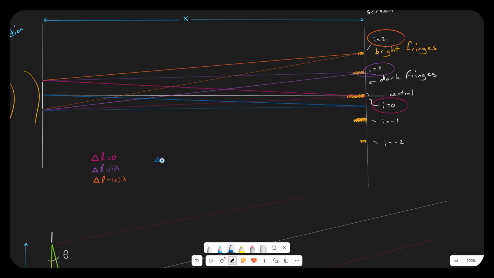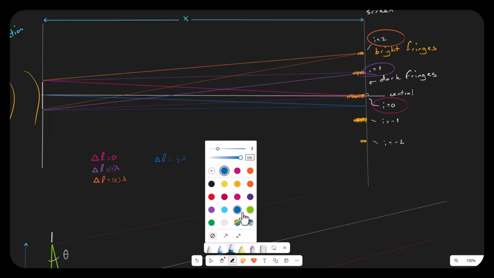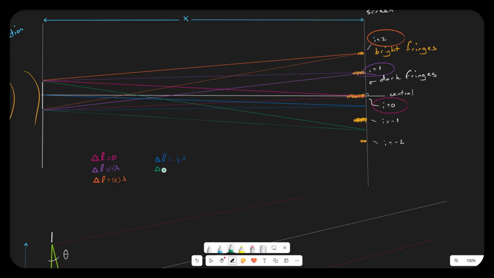And for that one, my path length difference is going to be half a wavelength. If I want my next one, I'm going to get a path length difference of 3/2 wavelengths. So I can pick out my dark spots.